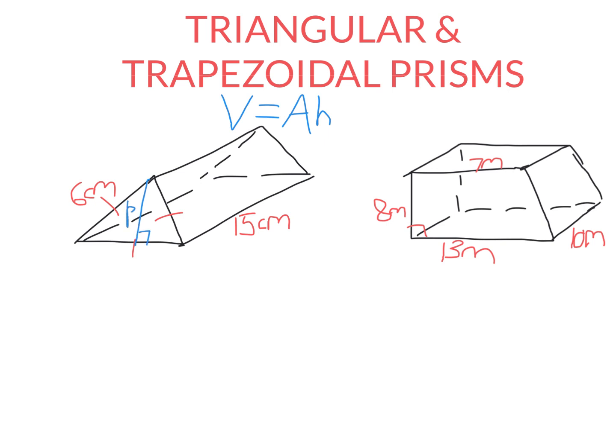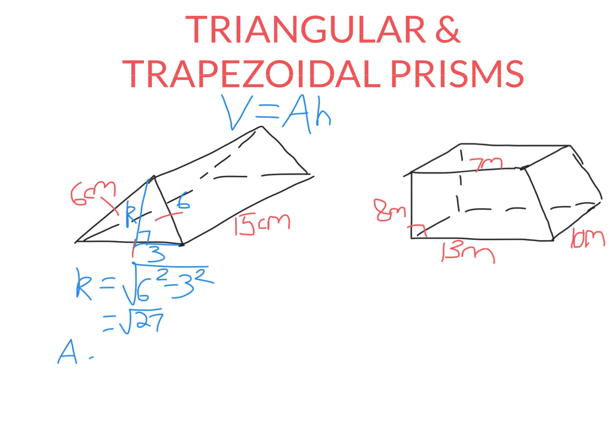So calling the perpendicular height, I'll just call it K here. We can use Pythagoras because this side will be 3, this side will be 6. So the perpendicular height of this triangle will be square root of 6 squared minus 3 squared, and the exact value there is root 27. That is the perpendicular height of the triangle.